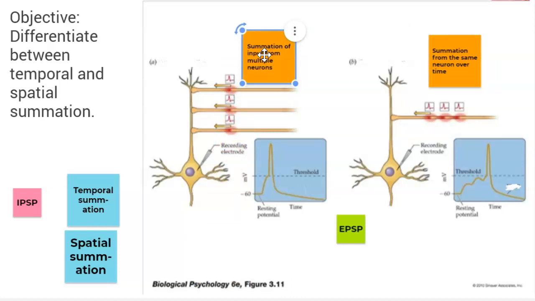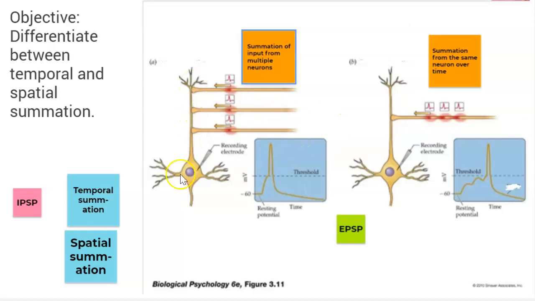And so the way I think about this is that in this one you are adding up the action potentials over time from the same neuron. So this one has to happen first, then this one has to happen, and then this one has to happen. So this is over time, whereas in this one, you are adding up the action potentials or the inputs over space.